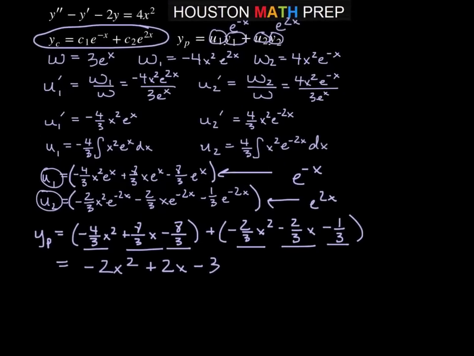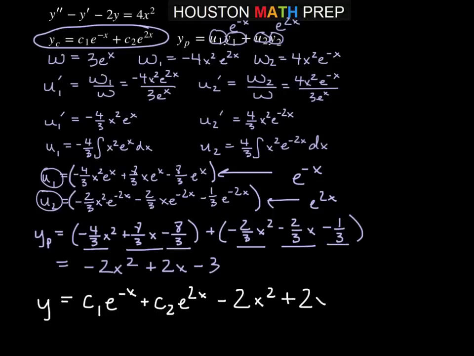So our answer to our second order equation here is going to be c1 e to the minus x plus c2 e to the 2x minus 2x squared plus 2x minus 3.